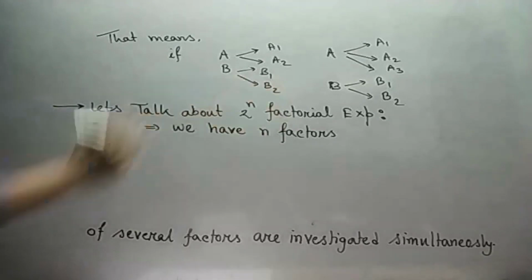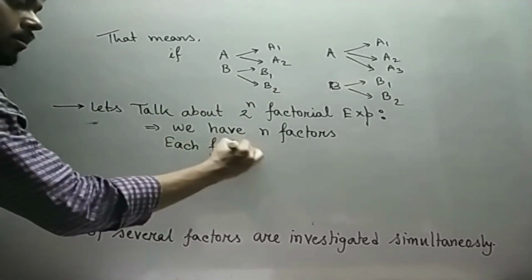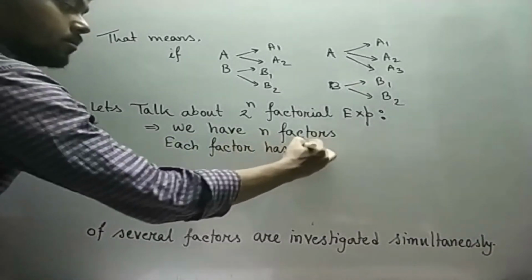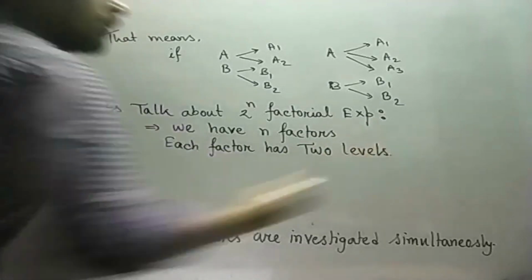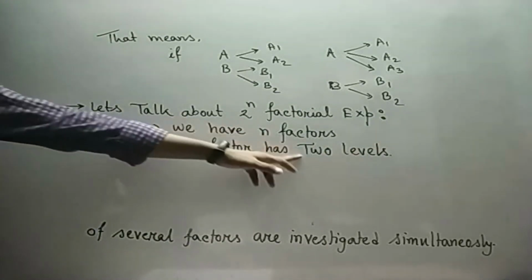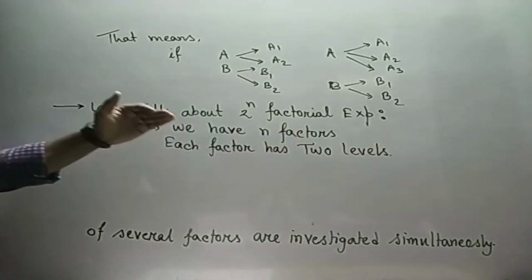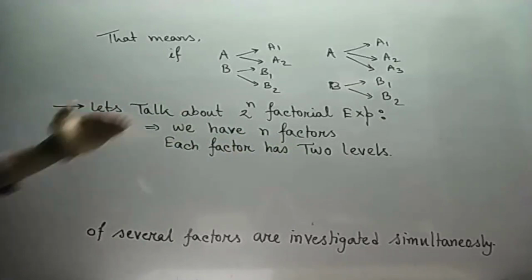Each factor has two levels. These two levels can be denoted as presence or absence, or as high or low.